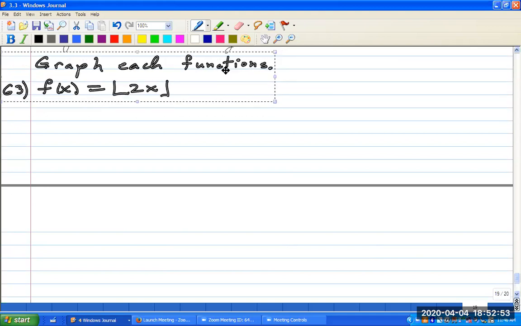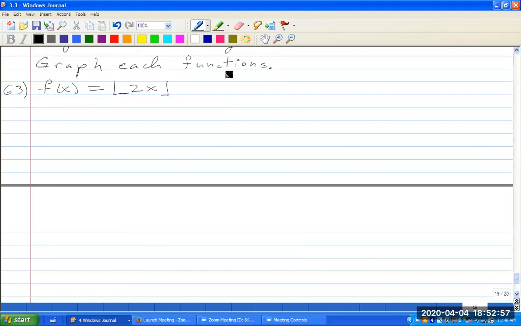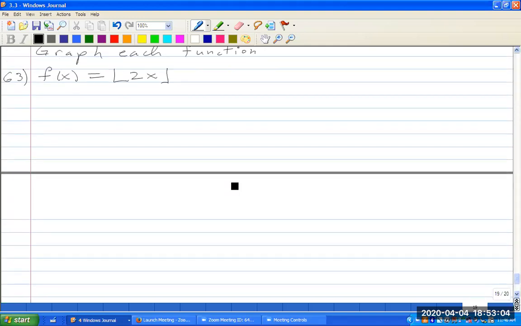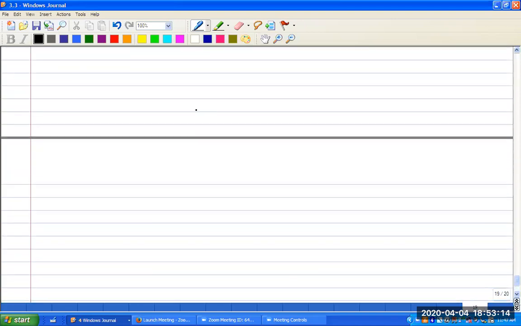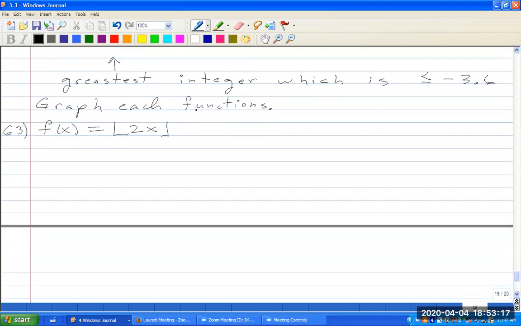So let's do that. Oh, can I graph? I can probably sketch the graph here. And this is the last problem. Yeah, so maybe I'll just sketch it here.